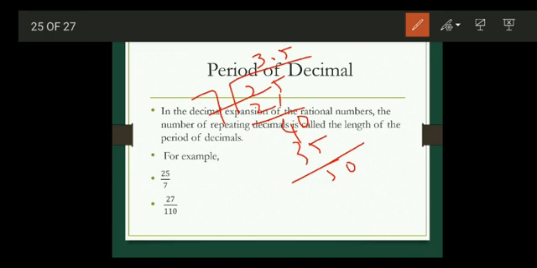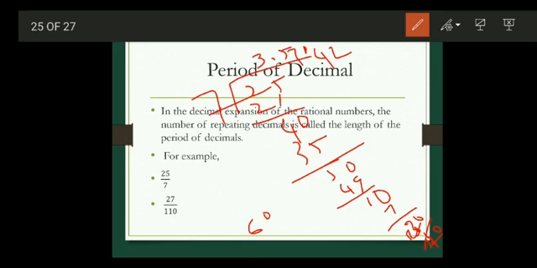Add 0. 7 7s are 49, remainder 1. Now add 0. 1 7 is 7, remainder 3. Add 0. 4 sevens are 28, 2 will be there. Add 0. 2 sevens are 14, 6 will be there.